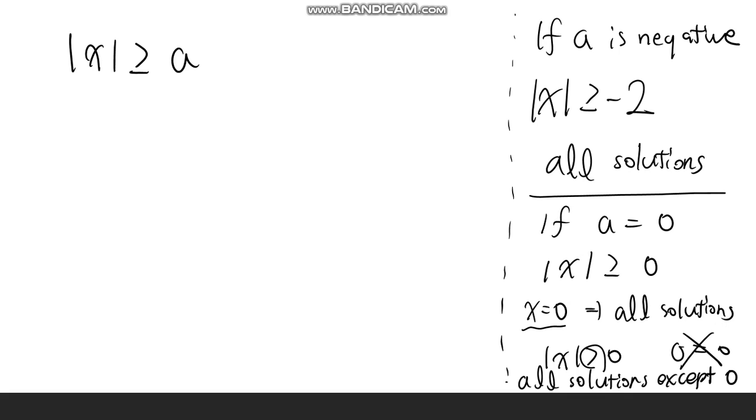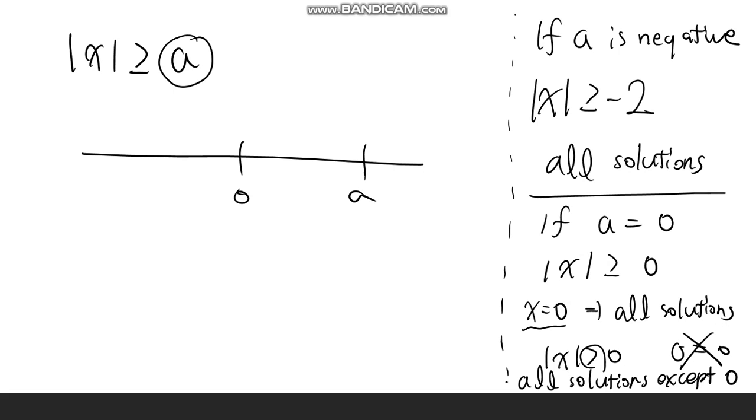Now, generally we consider a to be positive, right? Then the distance between 0 and x, therefore we have a here and negative a here, and x could be here, here, here, and here. Then the distance between x and 0 here is greater than a.